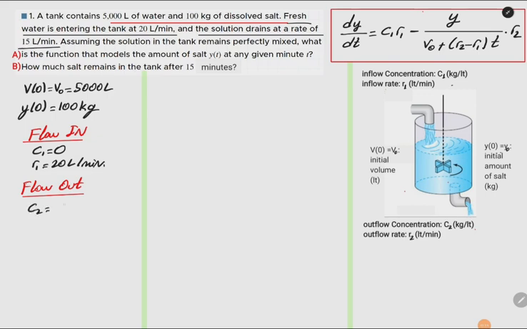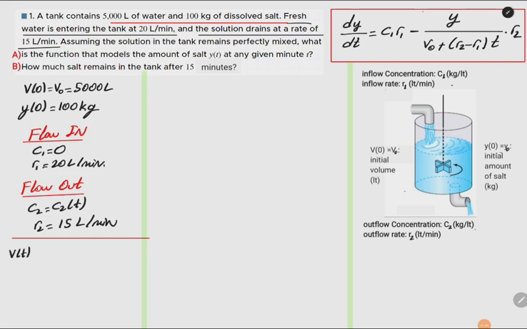So remember, C2 is a function of t and R2 is given to us as 15 liters per minute. From this information, I can directly write the volume formula, which is in the denominator of C2(t).